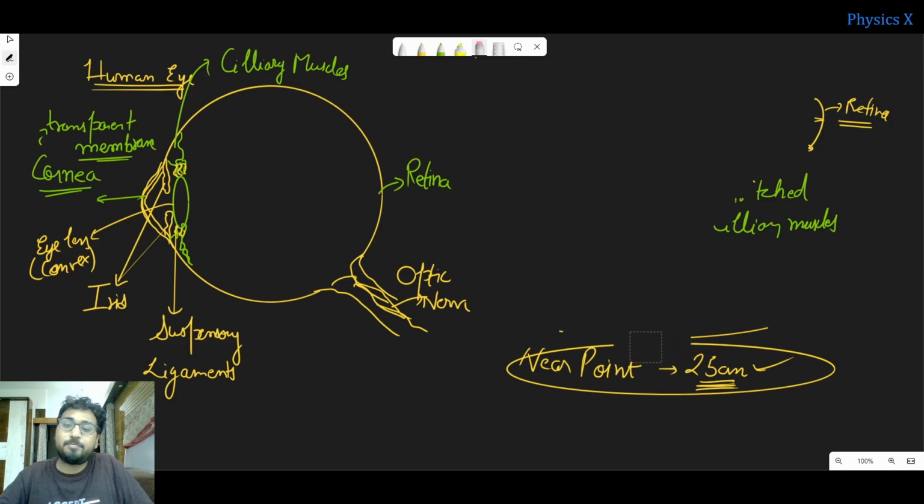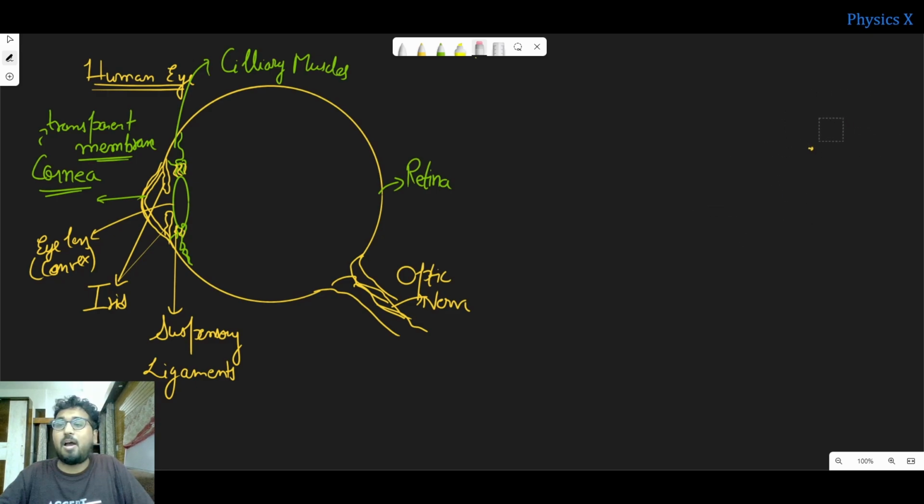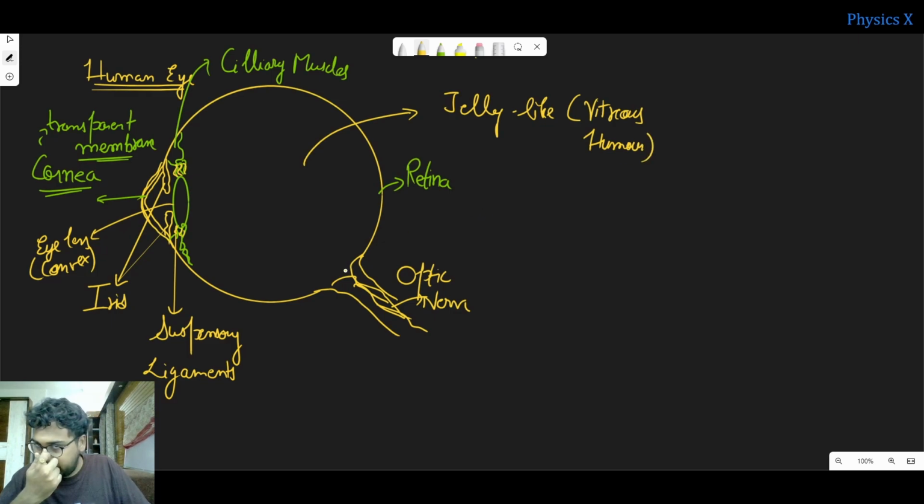Now, one more thing. Between the eye lens and the retina, there is a jelly-like fluid, and we call it vitreous humor. You can also mention it when you draw a diagram.